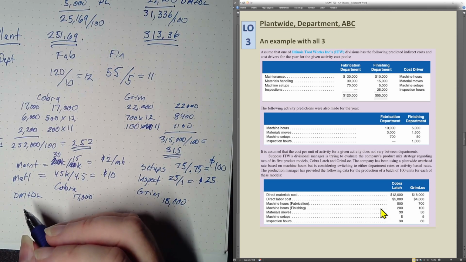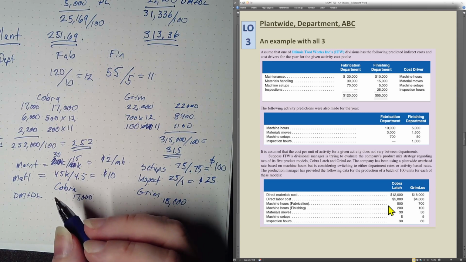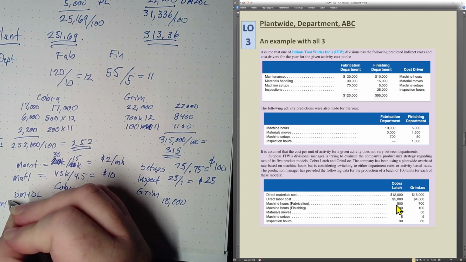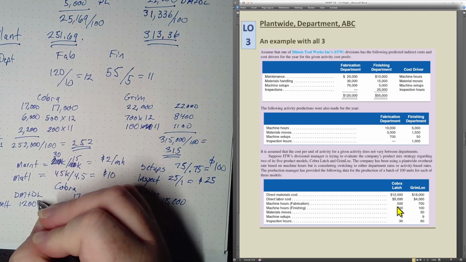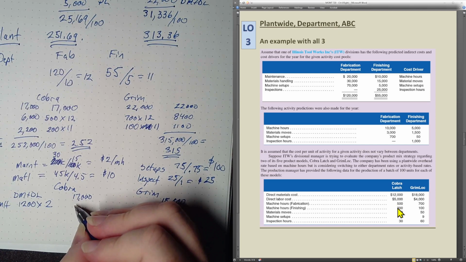And then when we do the machine hours, it is going to be 1,200 times $2 an hour, or 2,400.